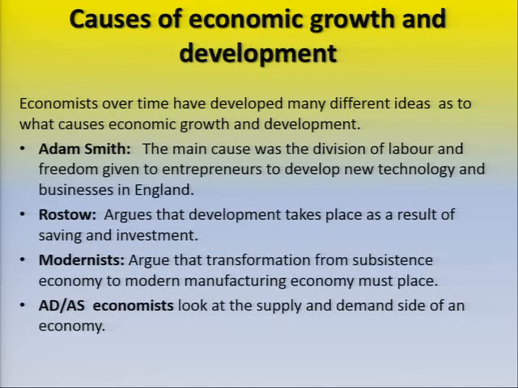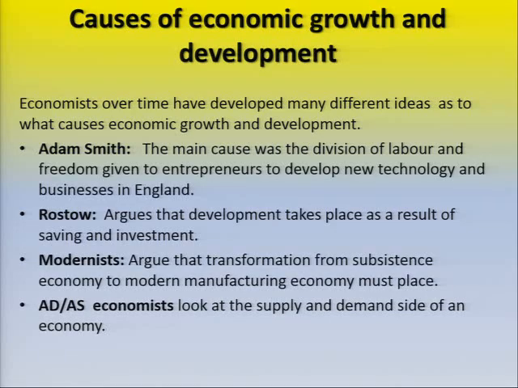And then we've got the Rostow model, or Rostow's idea. This one argues that development takes place as a result of saving and investment. Whereas according to Adam Smith, there needs to be a division of labor, and there needs to be freedom given to the entrepreneurs to come up with new ways of producing.